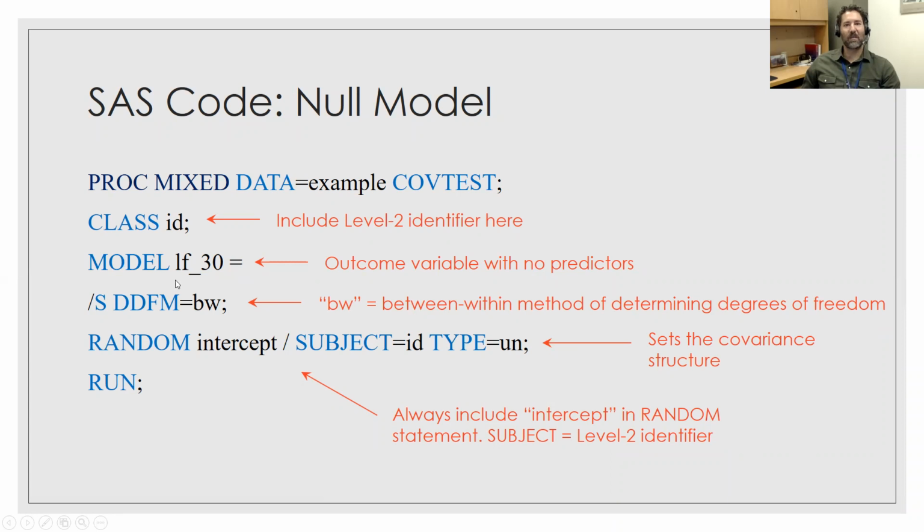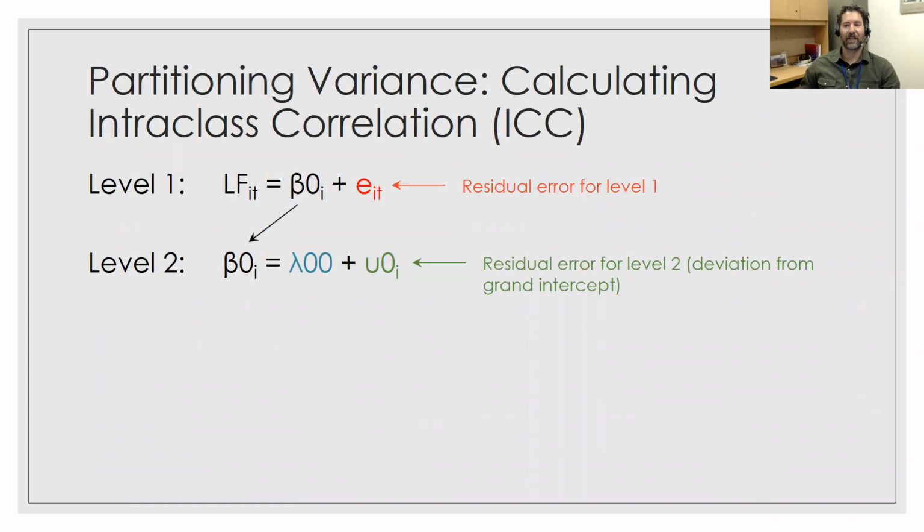So when you look at this model statement, you'll see it's empty. SAS will by default include an intercept, and the intercept represents the mean. At level 1, each person has their own mean LF, but what SAS shows you is the grand mean, which is the gamma 0,0. The grand mean is what we see in that output.